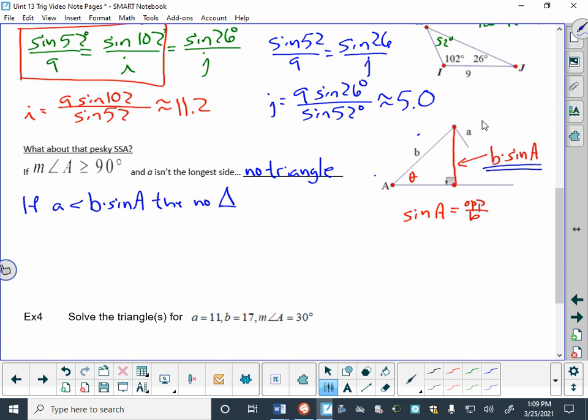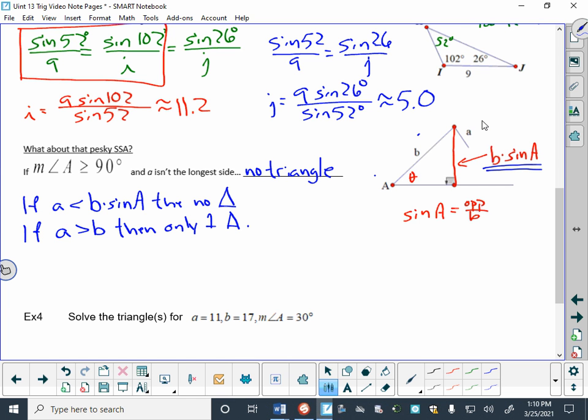If it's bigger, and if it happens to also be bigger than B, so if A is larger than B, then there is only one triangle that we could possibly get.